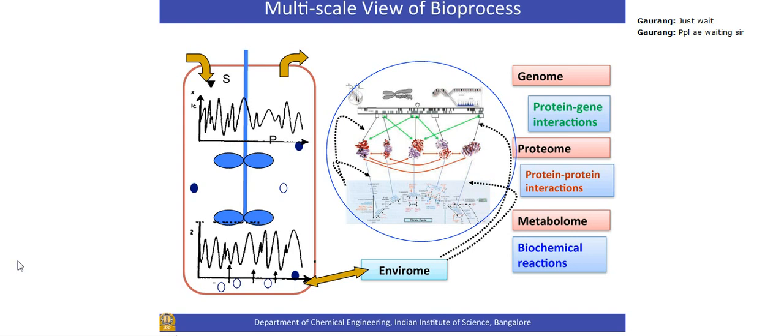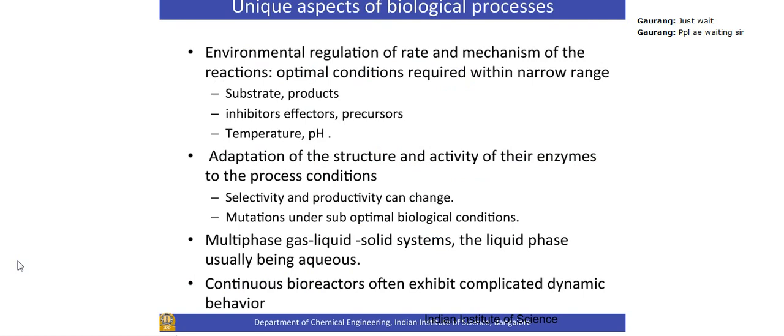So keeping this in mind, let us try to see what is the effect of all these different regulatory networks and their control on the observed behavior of the cell. And this is what makes these biological processes rather unique.